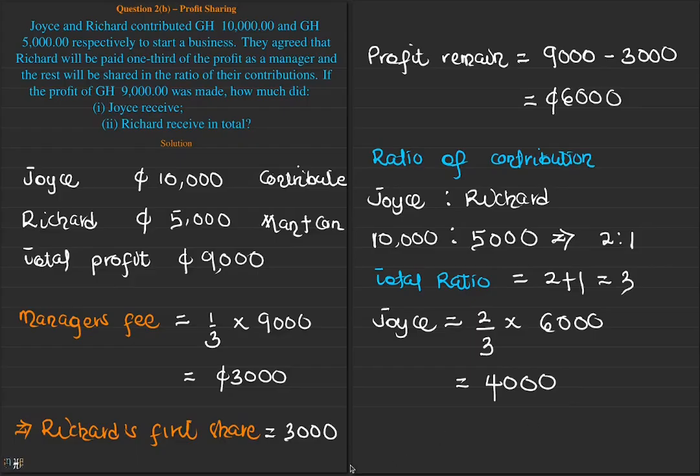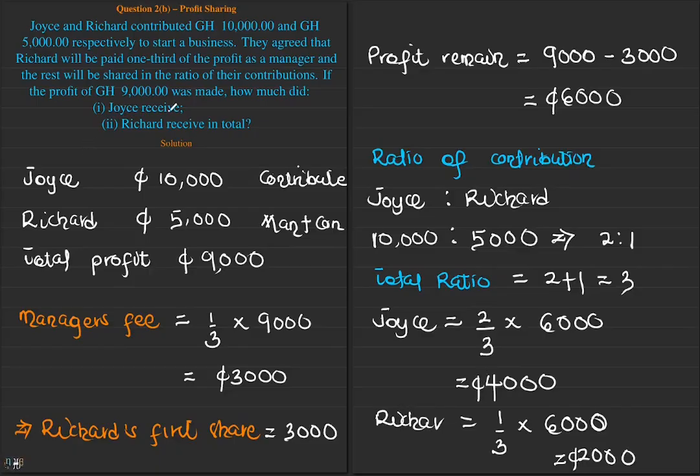What then will Richard's share be? So for Richard's share, we have Richard's ratio, which is 1 over 3. And then we multiply that by the 6,000. You see? And that as well gives us 2,000. So let's not forget the currency.